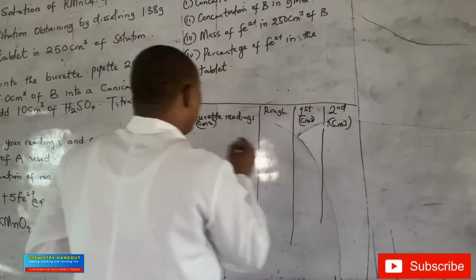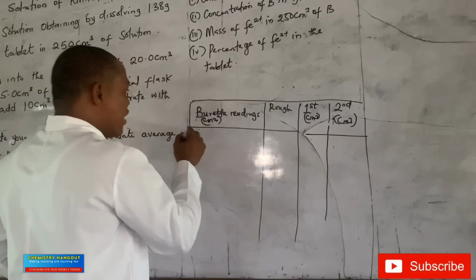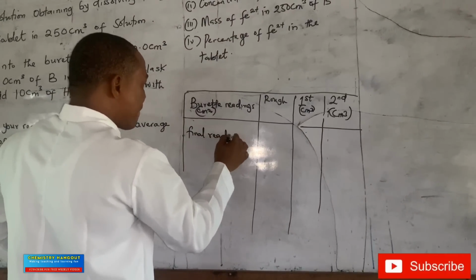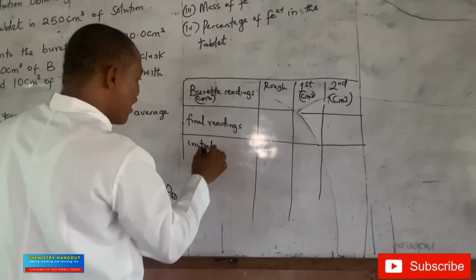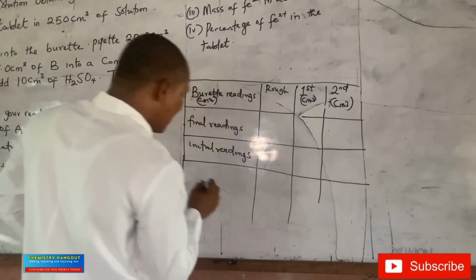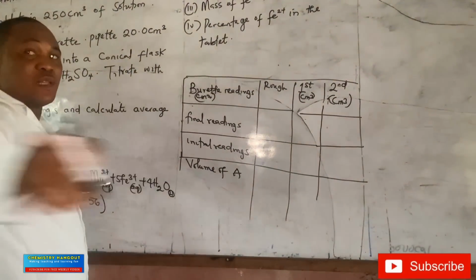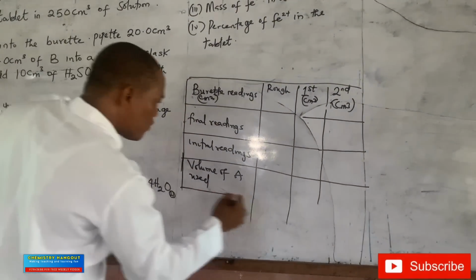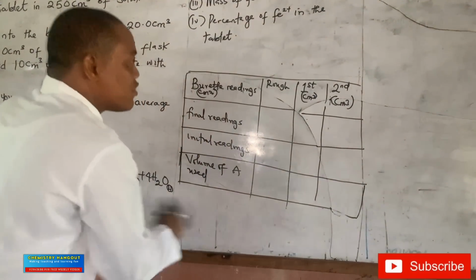So from here, then my burette readings, this will be my final readings, okay? This will be my initial readings, okay? Then this will be my volume of A used in the burette. Okay? So you can close this table here. Okay, understand?